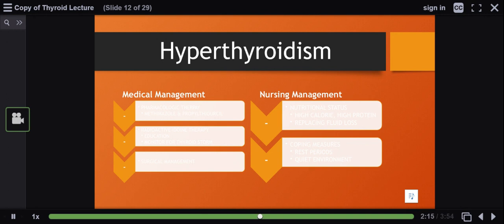We also want to be very mindful for anybody who undergoes radioactive iodine therapy for the potential of thyroid storm. Thyroid storm is a condition that can occur immediately after the radioactive iodine therapy, and it can be due to the acute release of thyroid hormone from the irritation of the radioactive iodine on the thyroid gland.